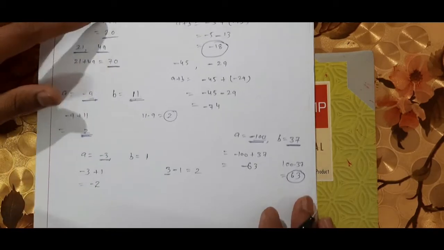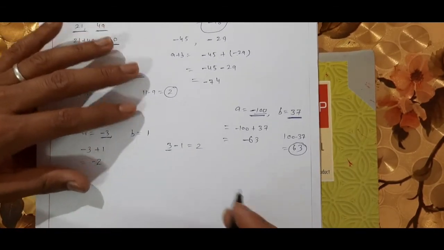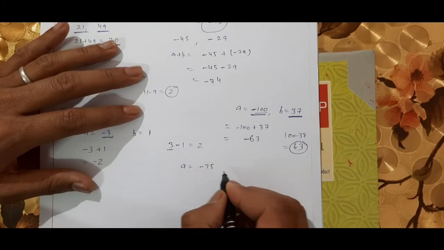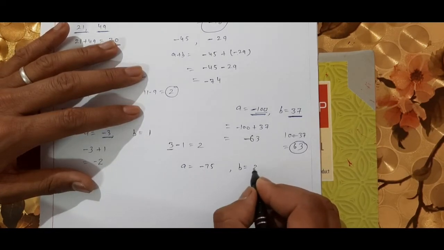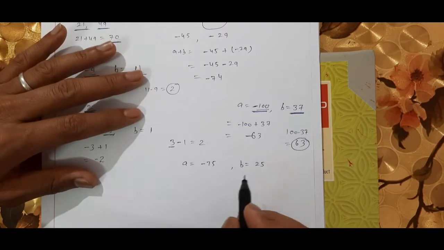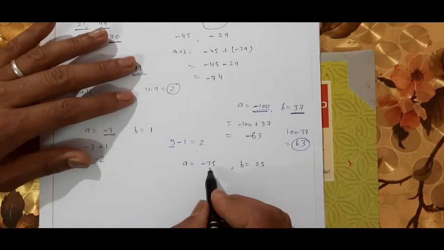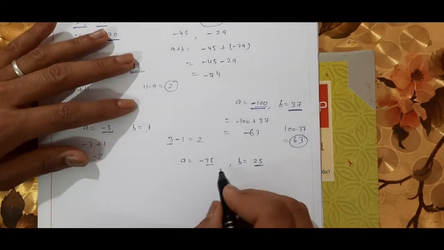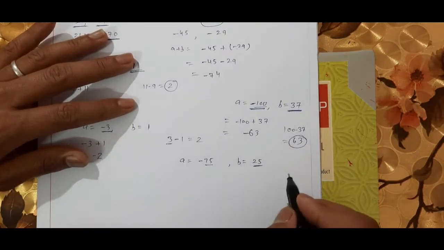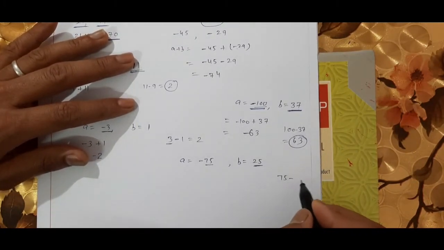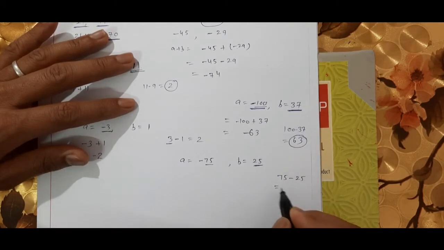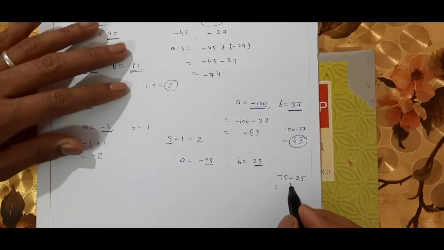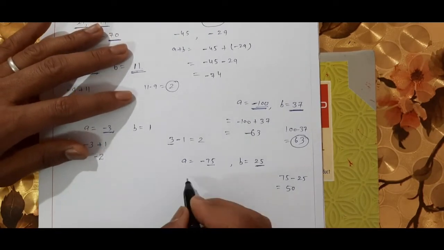So let us take another example. A equal to minus 75 and b equal to 25. Here which number is greater, 75 or 25? 75. Then subtract 25 from 75. So 75 minus 25 is 50.